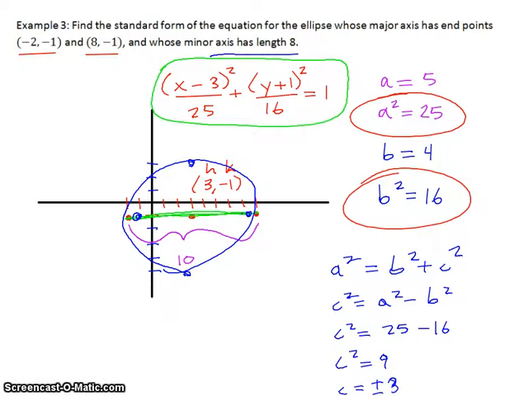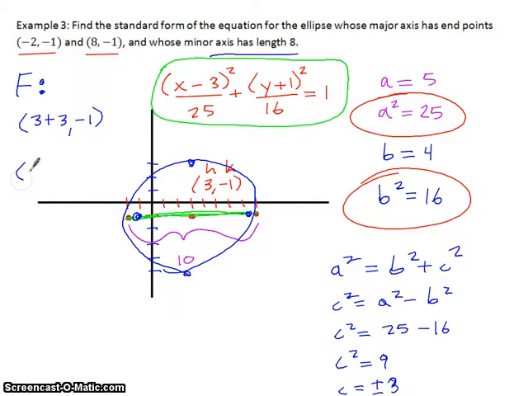So down there in blue, I've solved for c, and I found that c is plus and minus 3. So if I want to find my focus points, I need to add 3 and subtract 3 onto my h value. So let's see what that looks like. The focus points, one of them is when I take 3 and I add 3.